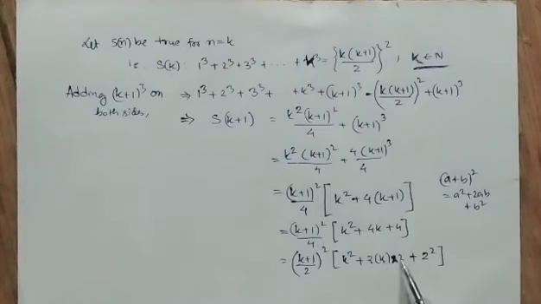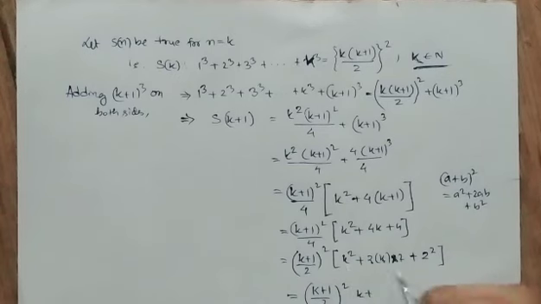So 2k into 2 is 4k, that is 2a into b plus b square. So we can write the whole square term now. Here a is k and b is 2, so we can write (k+2) whole square.